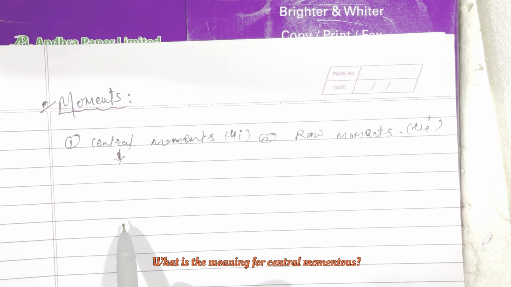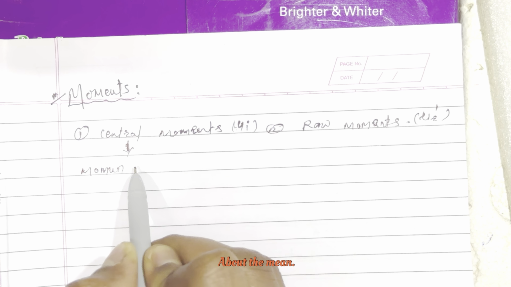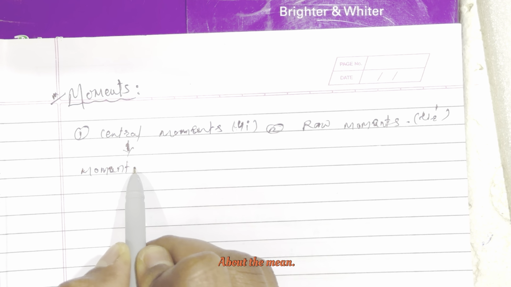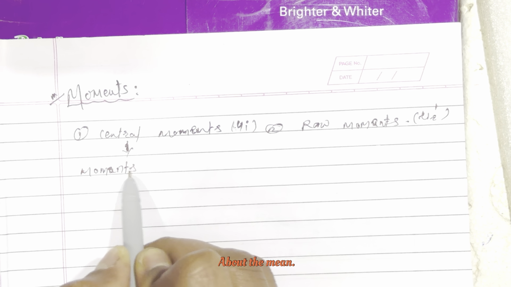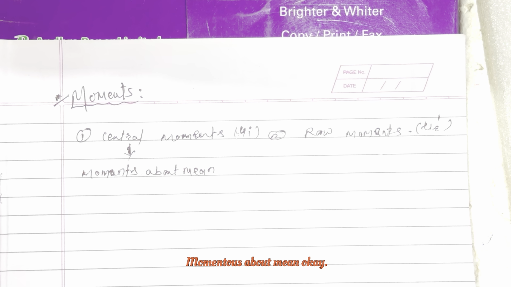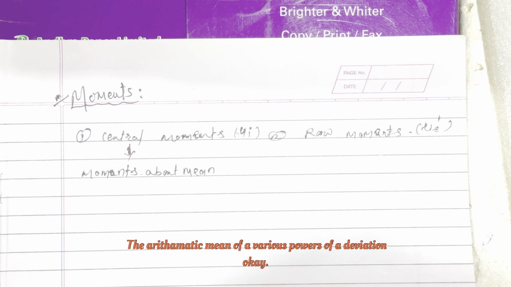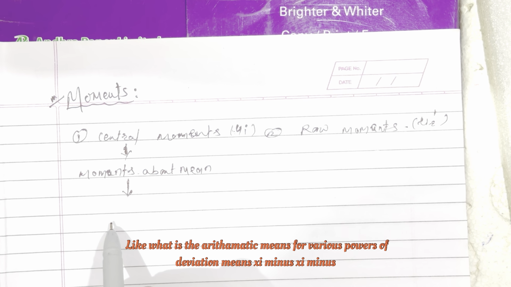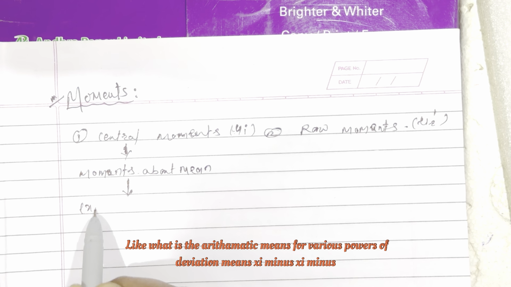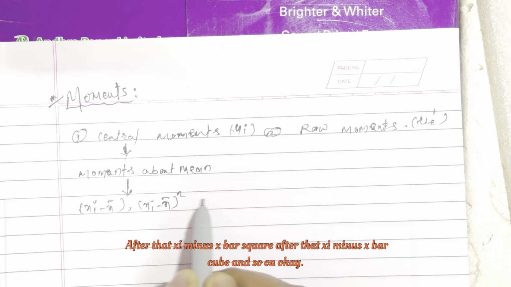Moments about the mean we call central moments. It is the arithmetic mean of various powers of the deviation, meaning xi minus x bar, then xi minus x bar square, then xi minus x bar cube, and so on.